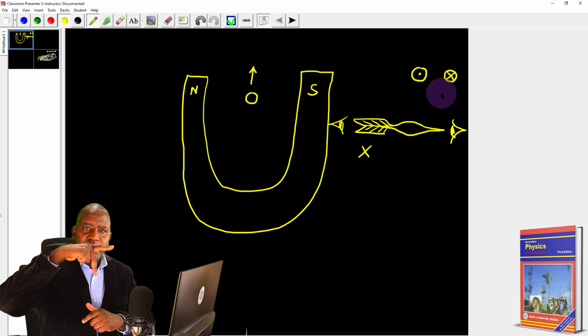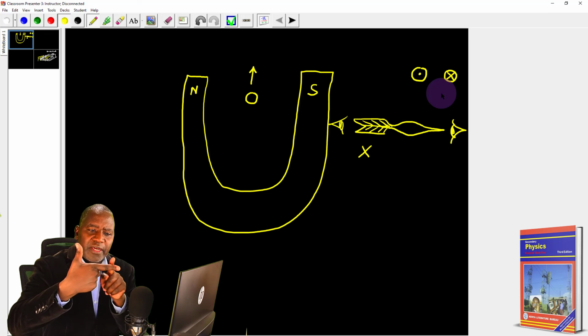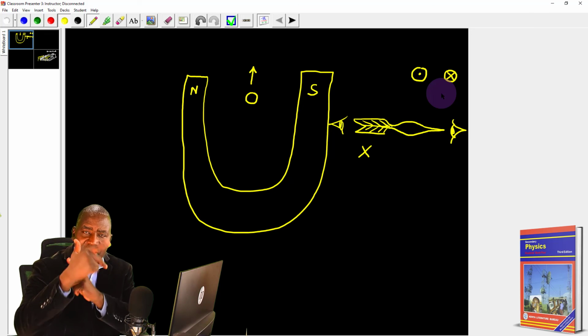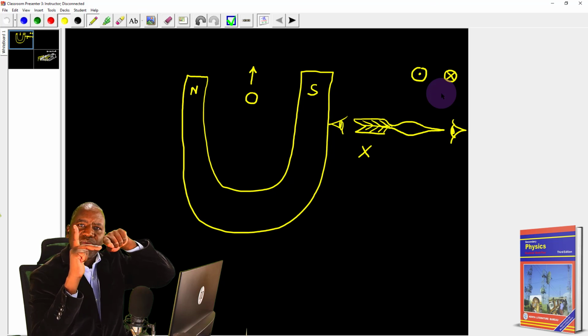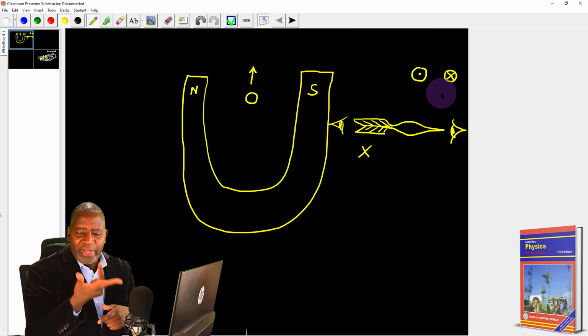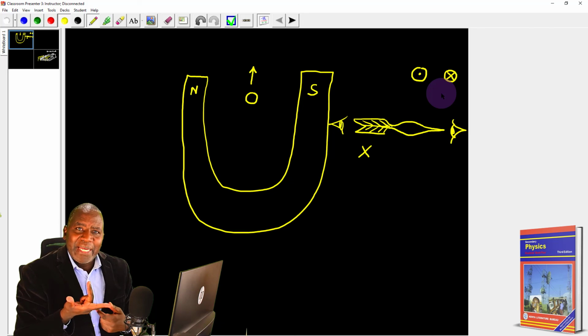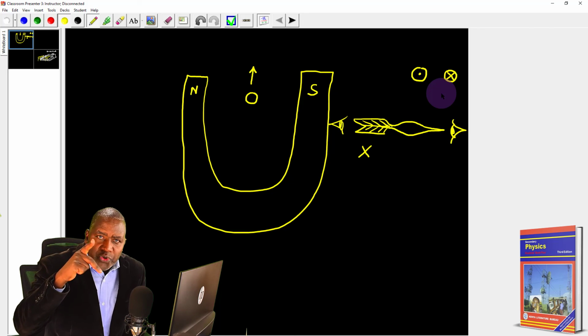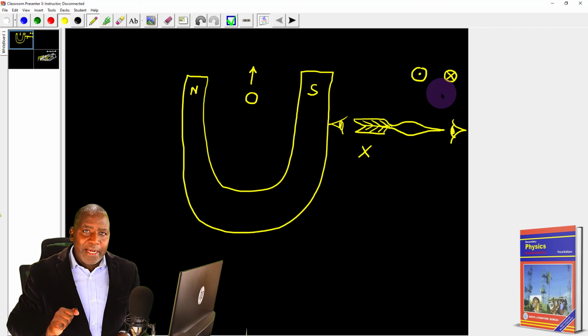You can see that this finger and this finger are perpendicular, and of course this one and this one are perpendicular to each other. So hold your first finger, second finger, and thumb so that they are mutually perpendicular. And then you will come to this diagram.